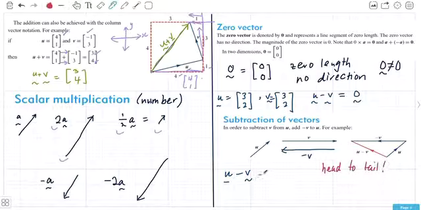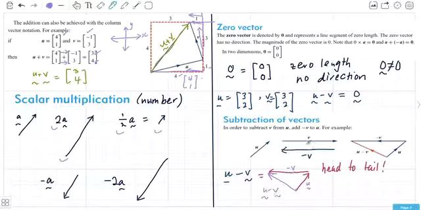So if we have a look here, we'd have to have u take away v, we'd have to have u, and to take away v, head to tail, it would look like that. So the actual vector for u take v, and that's u and that's take v, would look like that. It'd be a vector going back that way, and you can see it in the picture here more clearly as well.